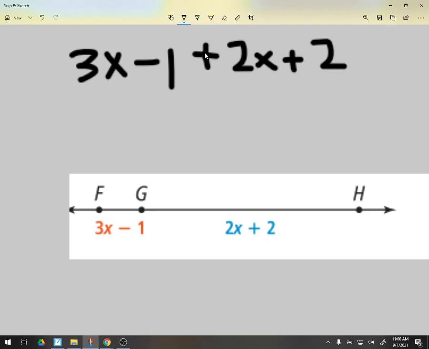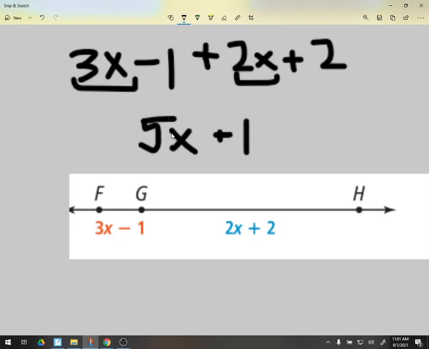And they combined like terms. So they took their 3x and their 2x and combined them and got 5x. And then they took their minus 1 and their plus 2, combined those and got plus 1. And then they plugged in their 7 here and got 36. 5 times 7 is 35, plus 1 is 36.